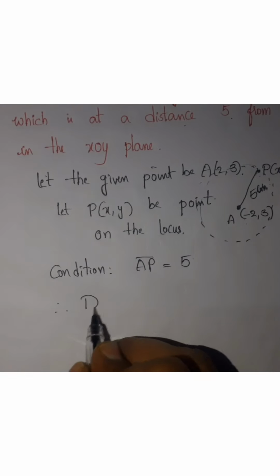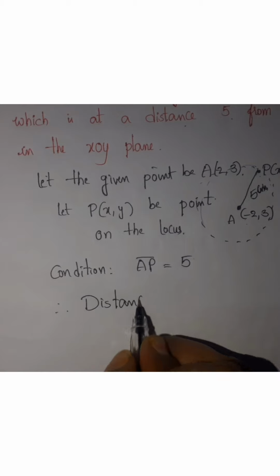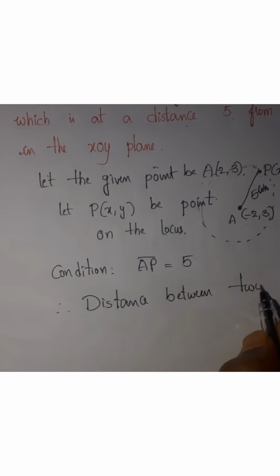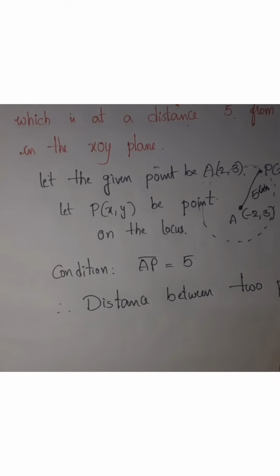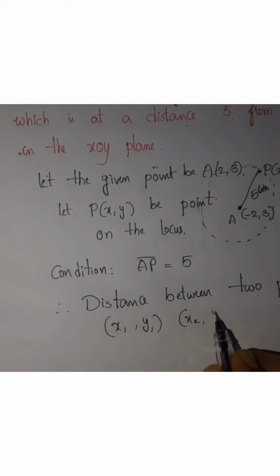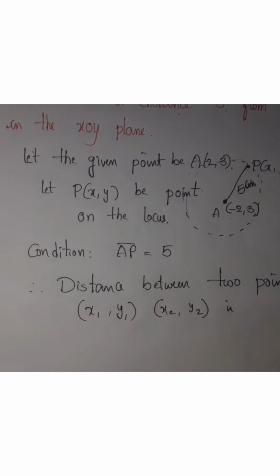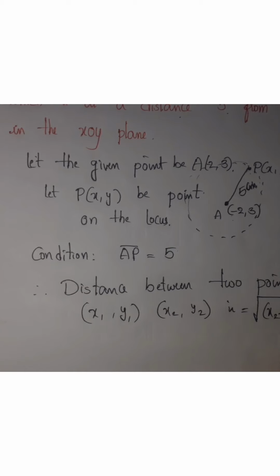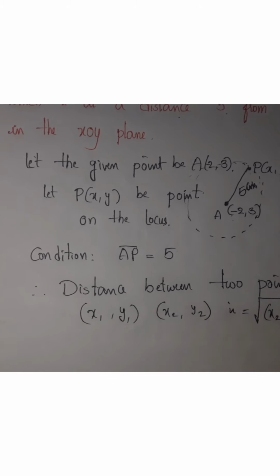What is the distance between 2 points x1, y1 and x2, y2? It is under square root of x2 minus x1 whole square plus y2 minus y1 whole square.